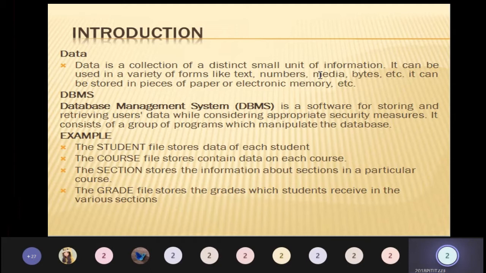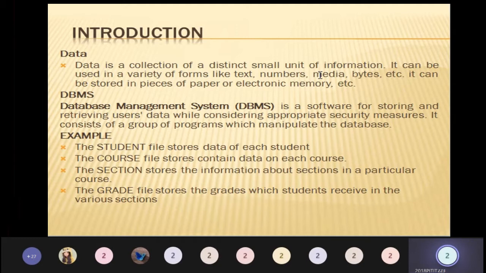A DBMS, that is a database management system, is software for storing and retrieving user data while considering appropriate security measures.